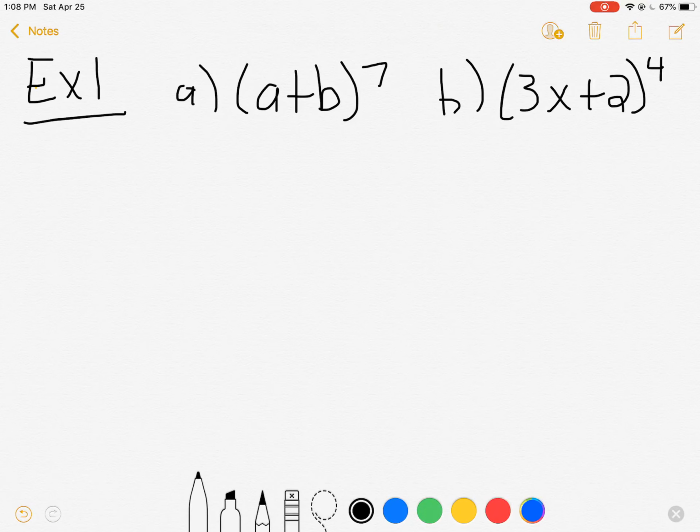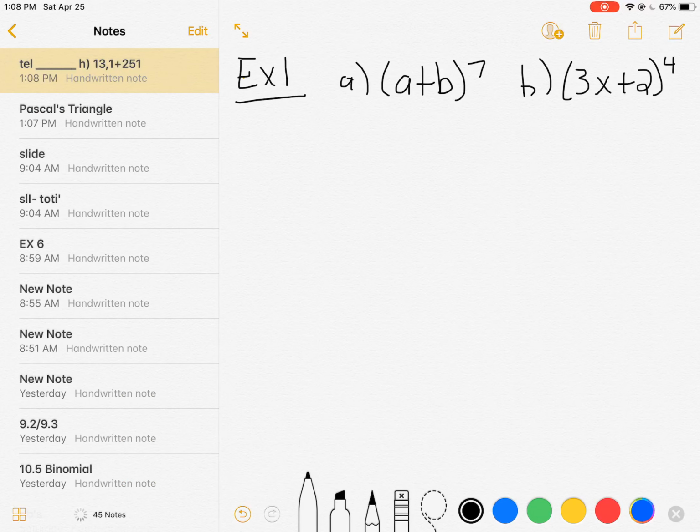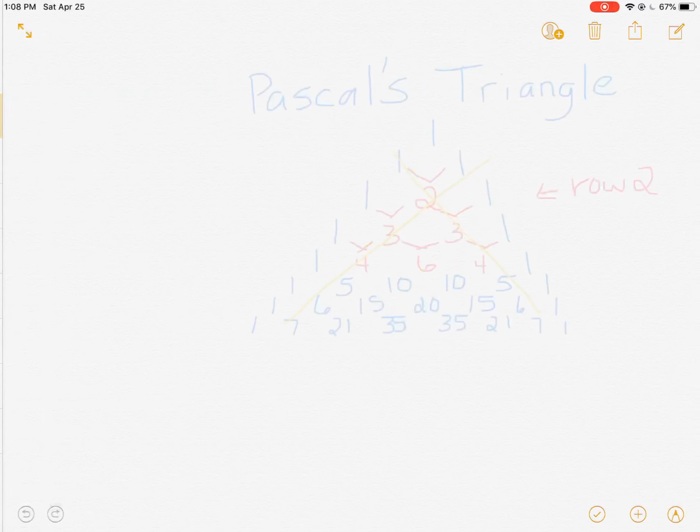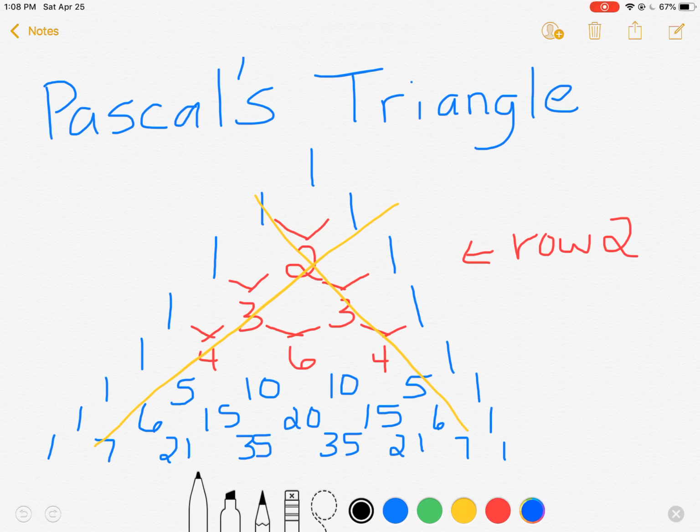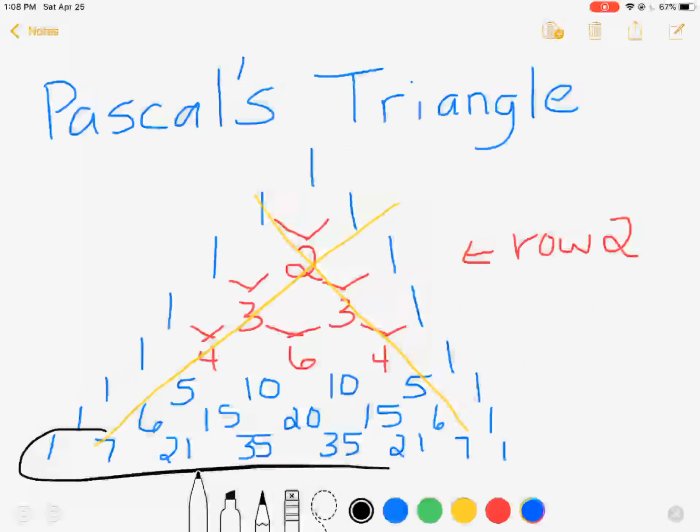So whatever exponent it's raised to is the row we look at for Pascal's Triangle. So if I go back to my Pascal's Triangle, if it's raised to the 7th, then I'm going to look at this row, and those are going to be my coefficients when I expand my binomial.